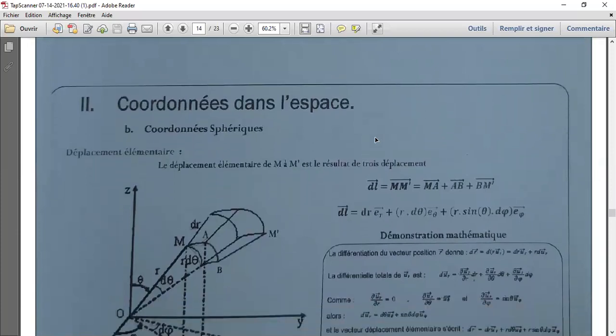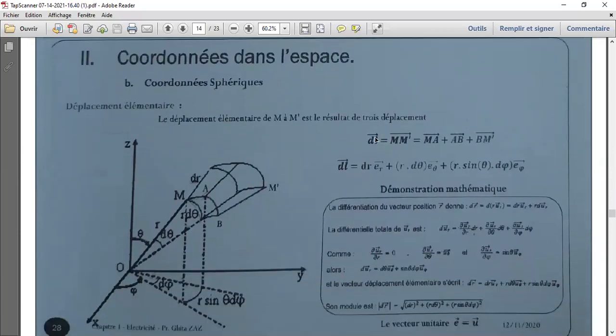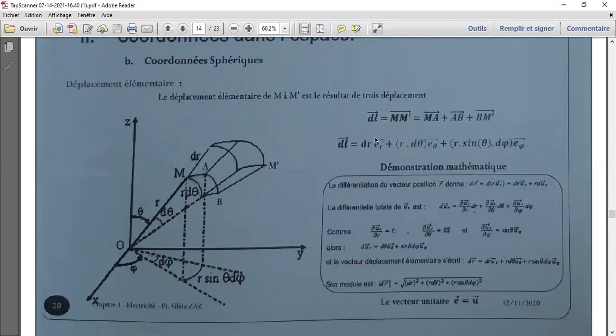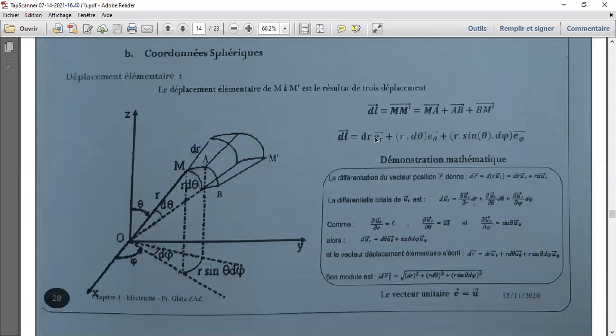Yes. Oh, okay. So like I was saying, your dr here is a constant, meaning if I differentiate my dr, it will give me 0. So I will only remain with r d theta, r sin theta, d phi.